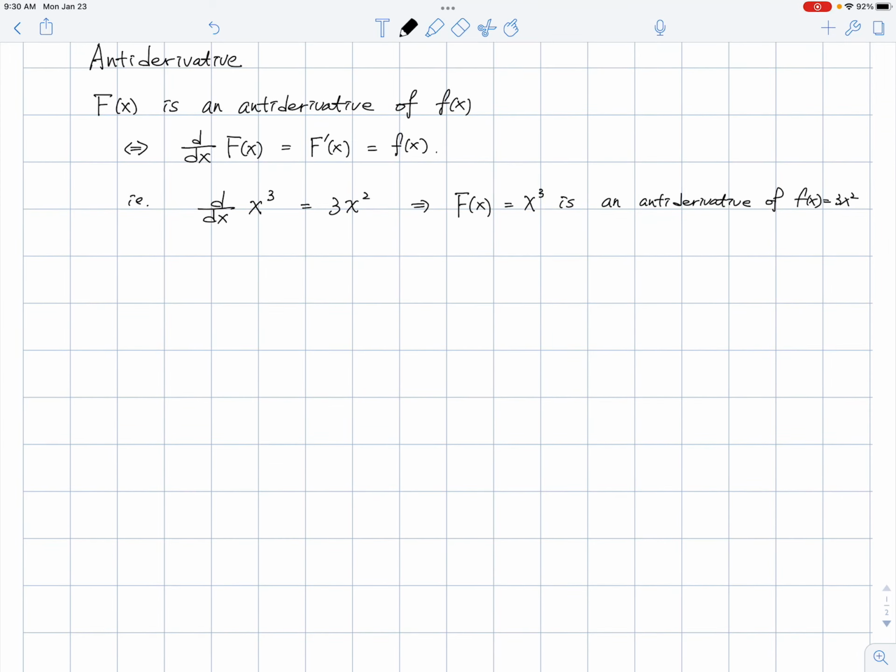But this is a little lengthy to say, oh, this function is an antiderivative of another function. So therefore, we have another definition called indefinite integral.